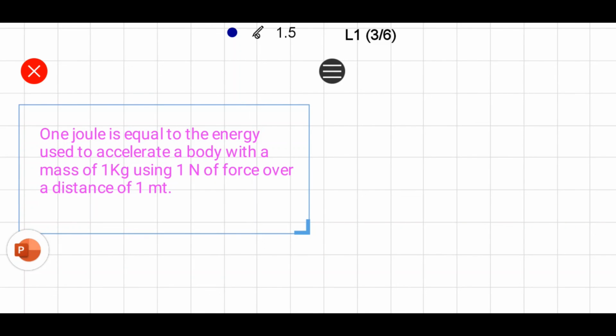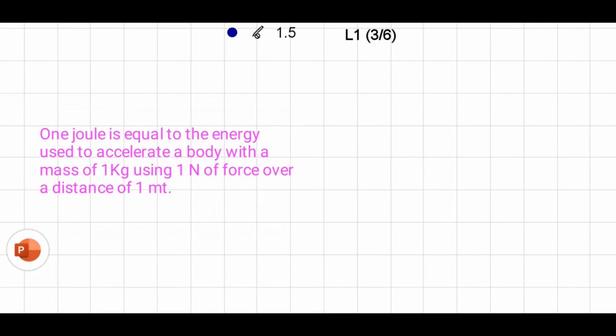So work done, or say 1 joule, is equal to the energy used to accelerate a body with a mass of 1 kilogram using 1 Newton of force over a distance of 1 meter. So why are we considering all these things? See, look here, there is an electron. We are applying force, so force needs certain energy. These relations are to be understood.